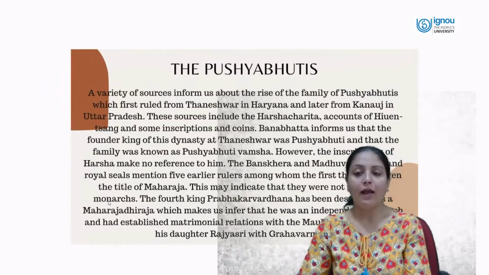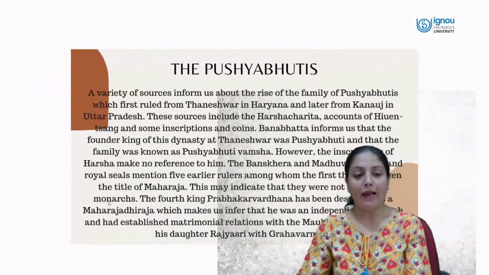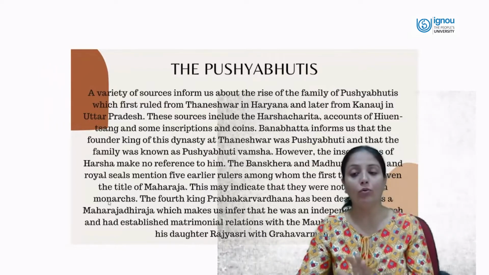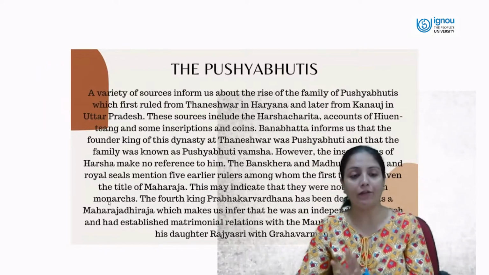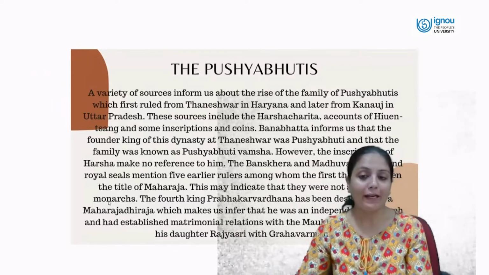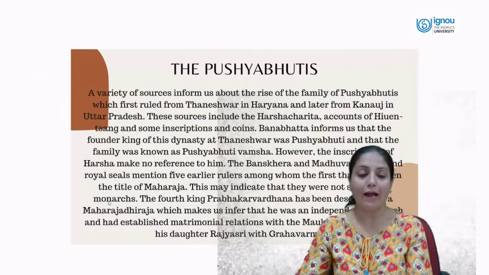The Banskhera and the Madhuban plates and royal seals mention five earlier rulers, among whom the first three are given the title of Maharaja. This may indicate that they were not sovereign monarchs.